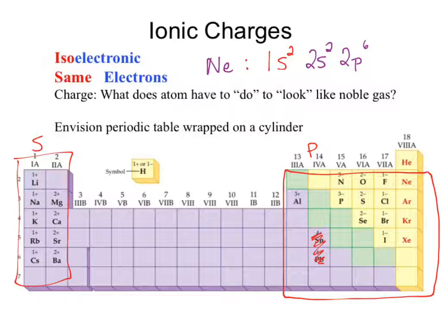So just look at counting it out for getting to neon. We're going to add 10 electrons in. Our first electron has to go in the lowest energy. So we start with hydrogen, and as we move up to neon, what do we have to do? Well, hydrogen has just 1 electron. That 1 electron goes into the 1s orbital.